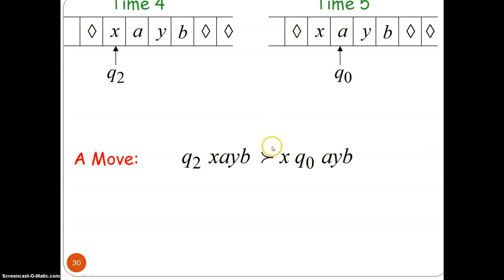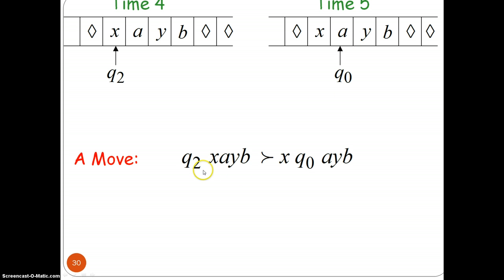This instantaneous description shows how a move is taking place. At state Q2 we are reading the X, and all the symbols are on the right of this Q2. So in this move, when we are reading Q2 X, we change our state to Q0 and move our read write head to the right.